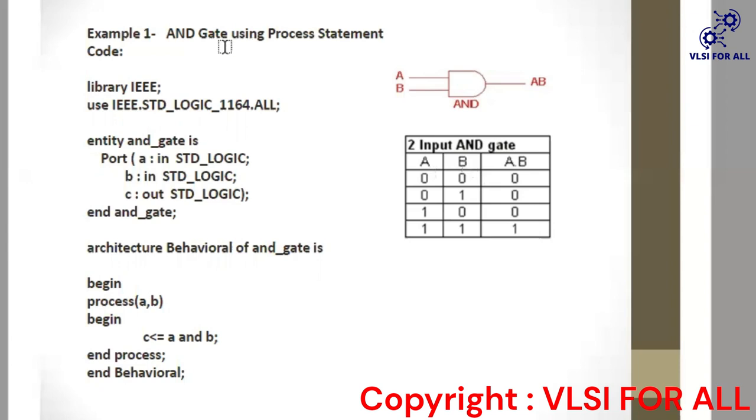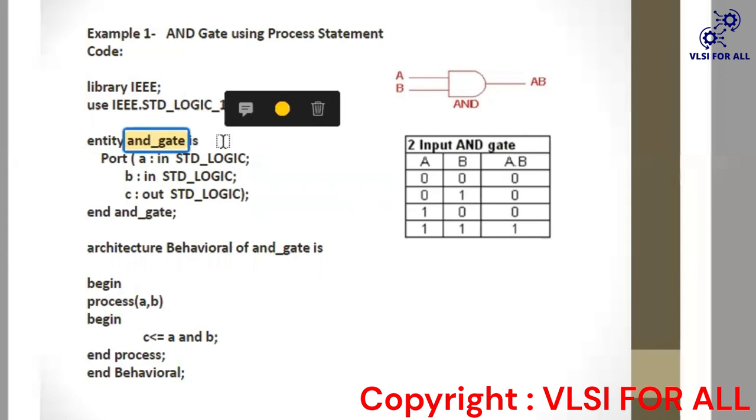Here we are writing the code of the AND gate using the process statement. First of all, we import the IEEE library, and after that we design an entity. AND gate is our entity name.